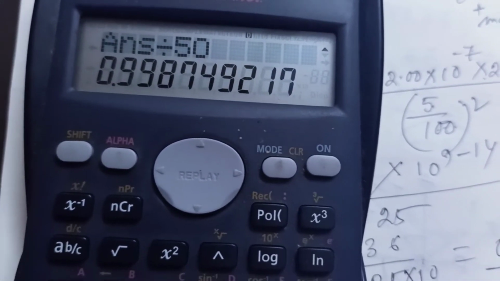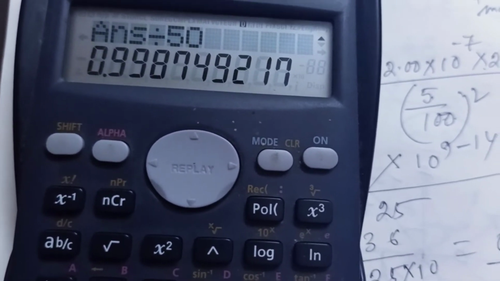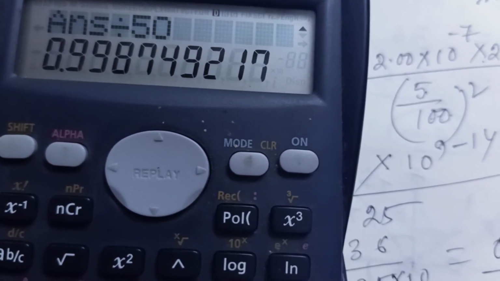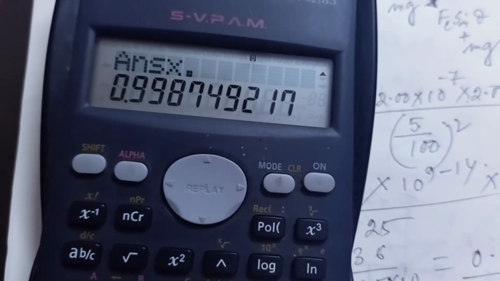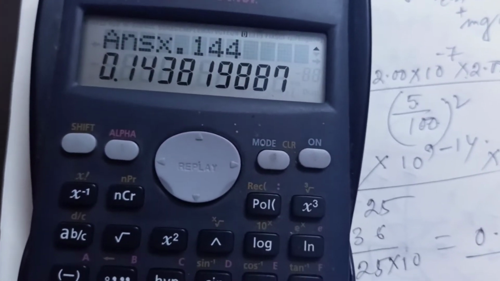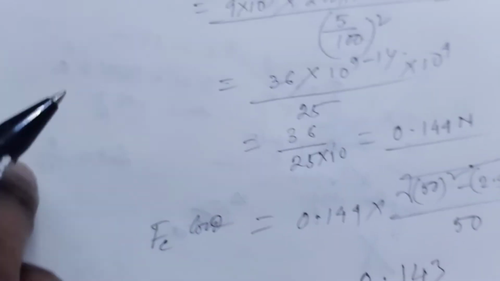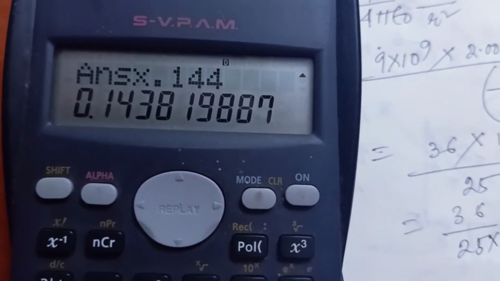So this is 0.998, so this is 0.999 approx. So these into 0.144. This is 0.143, this is 0.143, this is 0.1438 Newton.